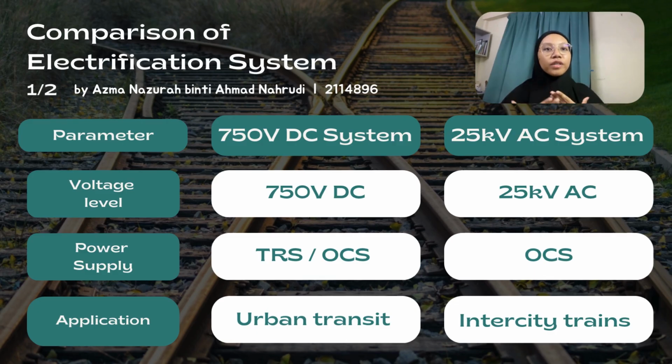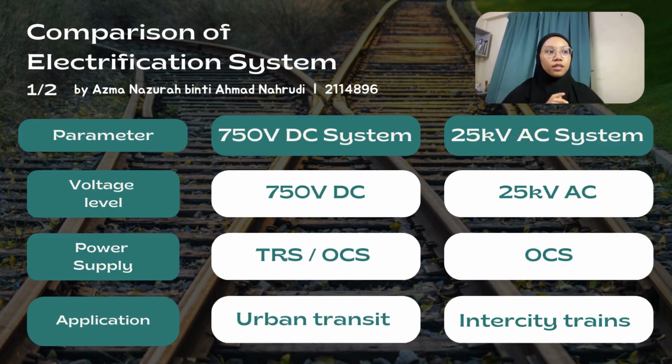So it's very dangerous for a 25 kV system to be implemented in TRS, because as we learned last semester in high voltage class, high voltage can jump through the air even without contact. So it will create arc flash, which is very dangerous to the people nearby. That's why the 25 kV system only supplies the OCS.